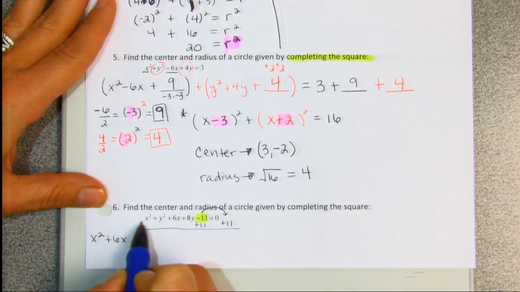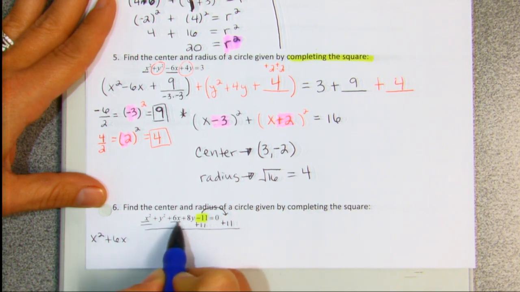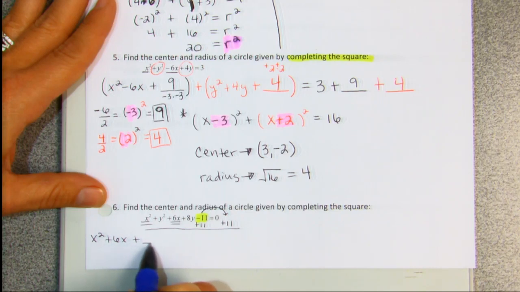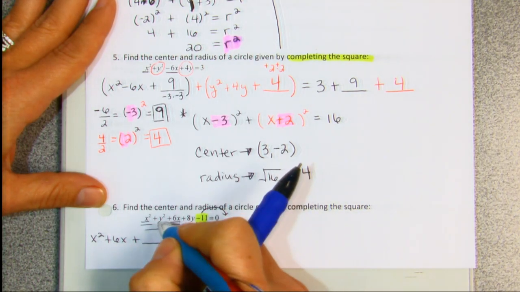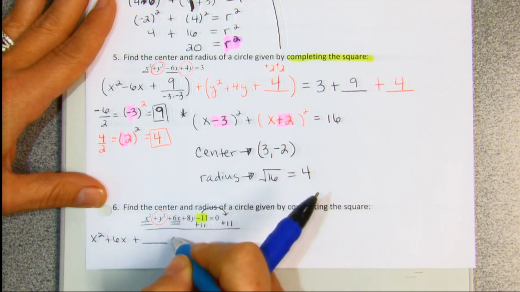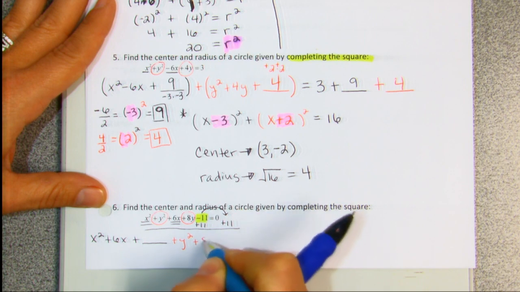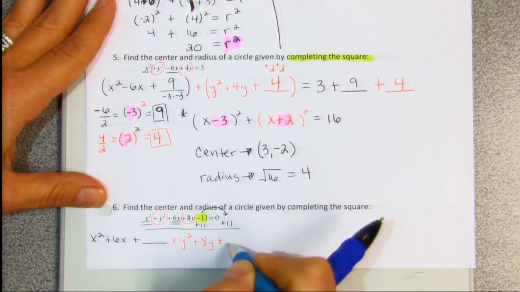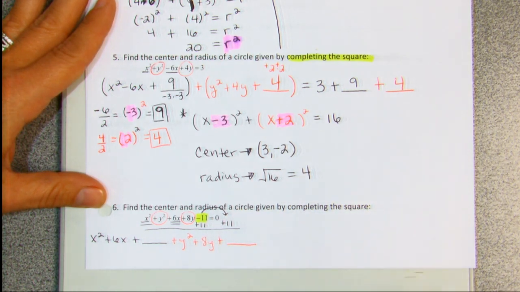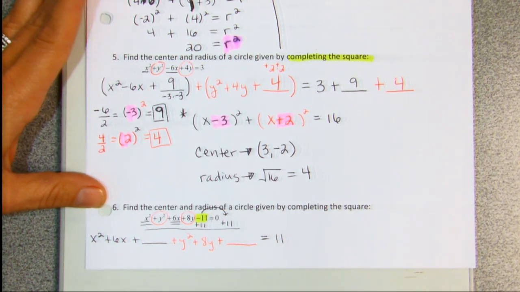I like to gather my x terms together and put plus a blank. And then I have my plus y squared plus 8y plus a blank. And then we have our equal sign now, and 11 is over on the right hand side.